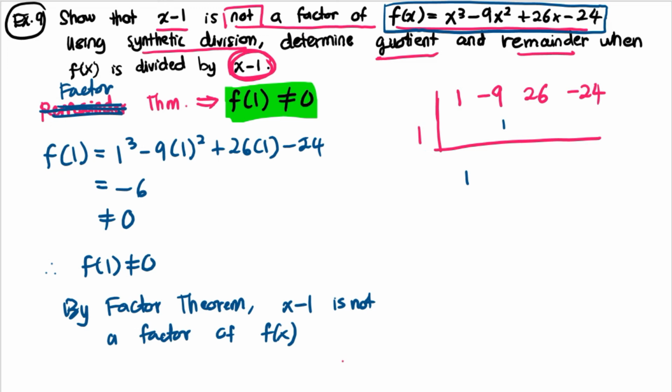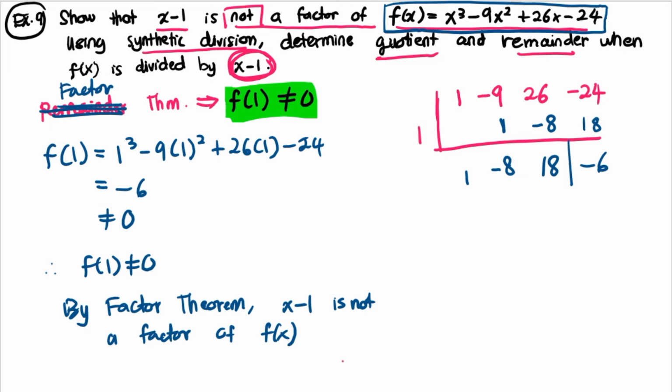So negative 9 plus 1, you get negative 8. Now multiplying negative 8 by 1, you get negative 8. So 26 plus negative 8 gives you 18. 18 multiplied by 1 gives 18. Now you add negative 24 with 18, and you have negative 6.